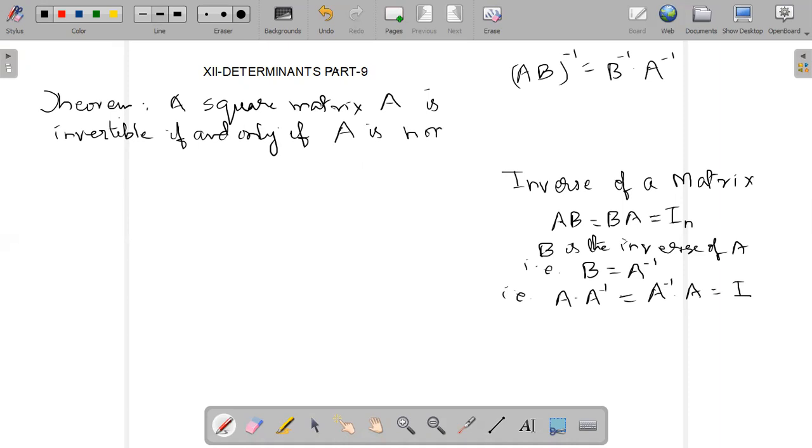As I told you before also, non-singular. What is non-singular matrix?